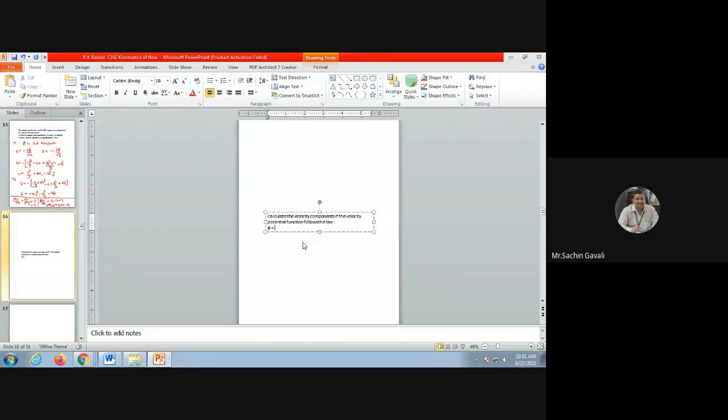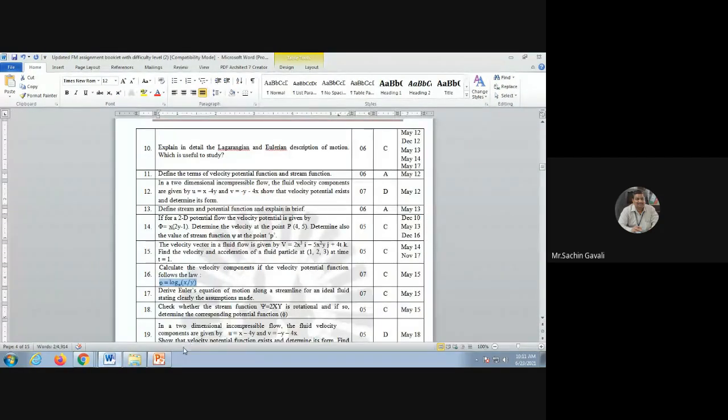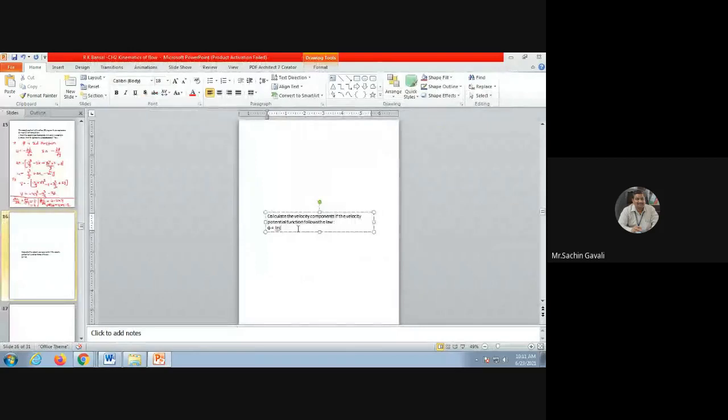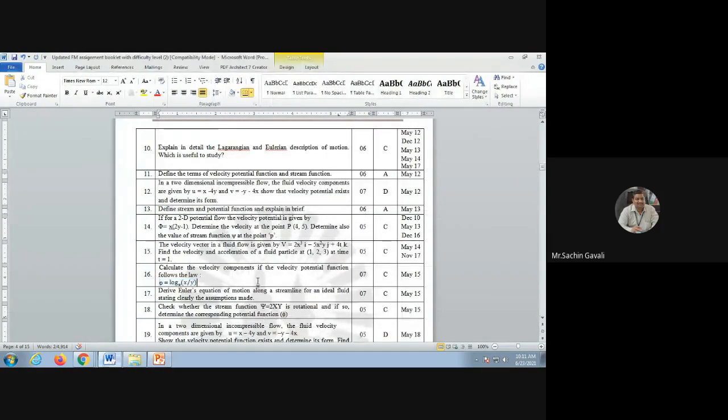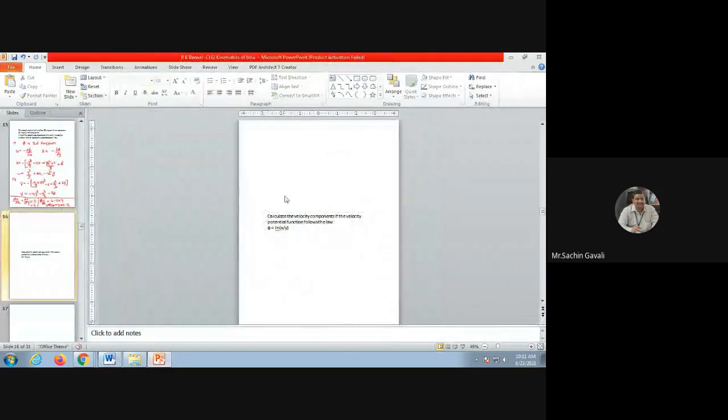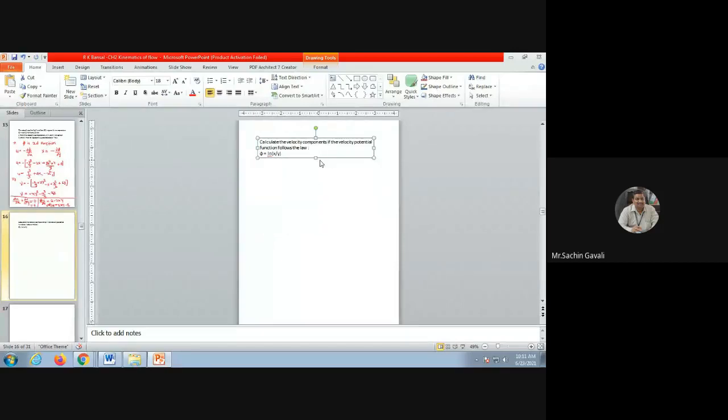I will write. Calculate velocity components if the velocity potential function follows the law phi is equal to ln of x by y.